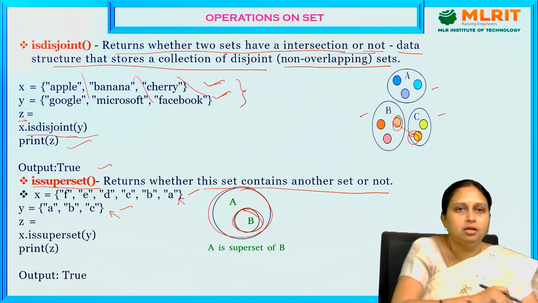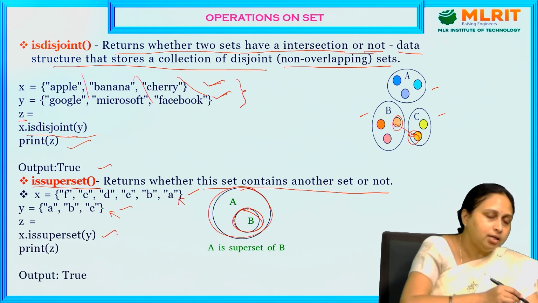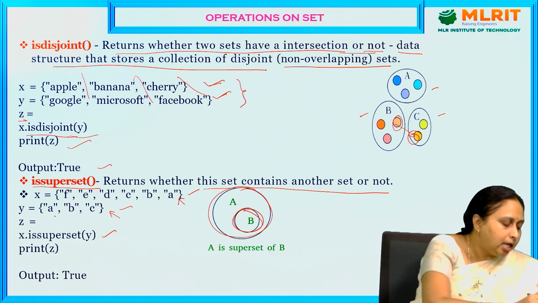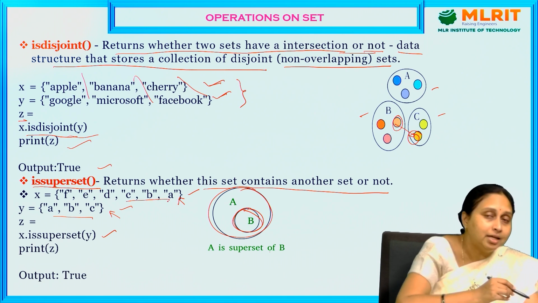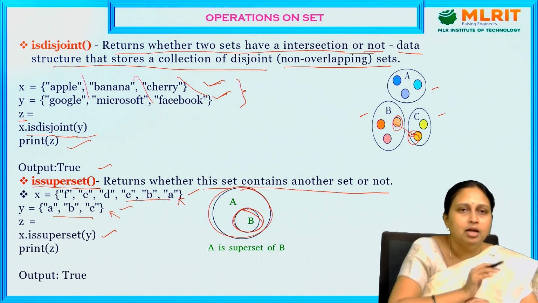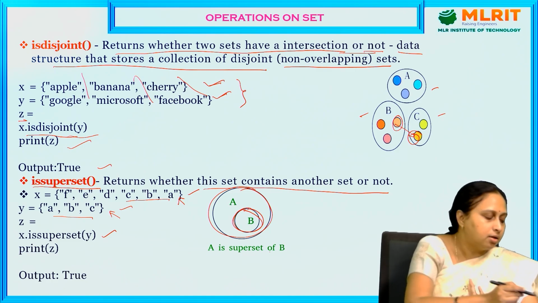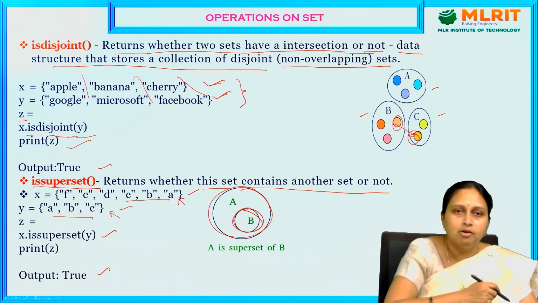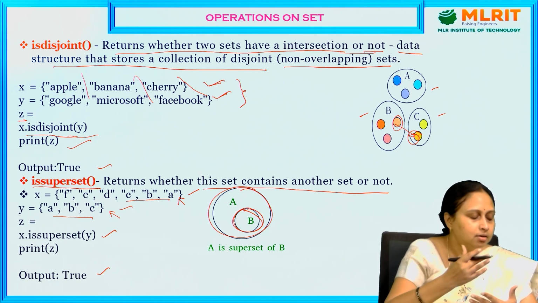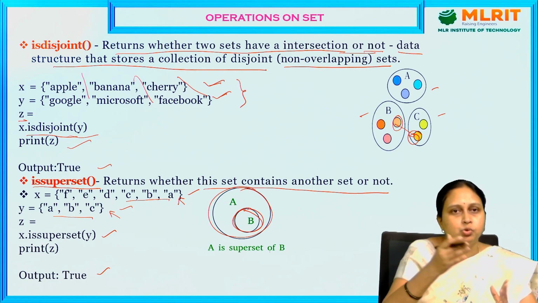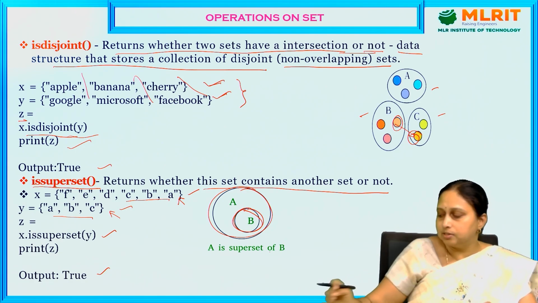Yes, we can see A, B, C elements are present in x, that means x is superset of y is true, so it is going to return the value as true. Why? Because it returns only a Boolean value. It is saying that x is superset of y. It is returning the value as true.